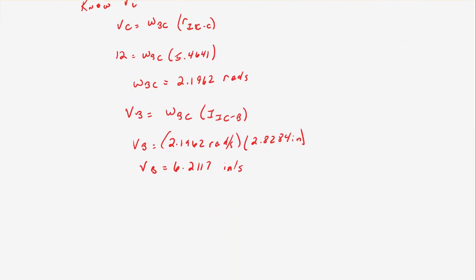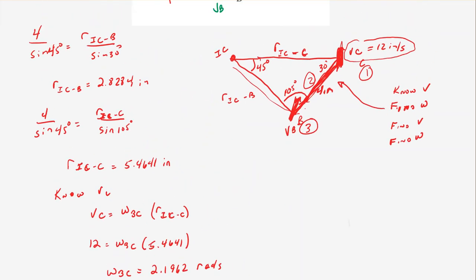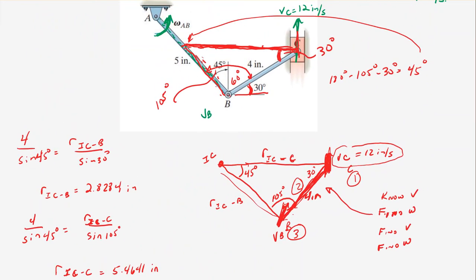Now we're going to find an omega. So V sub B is equal to omega AB times R of AB. Now let's talk about R of AB. We've gone to V sub B, which is right here, and they wanted me to find this value right here.